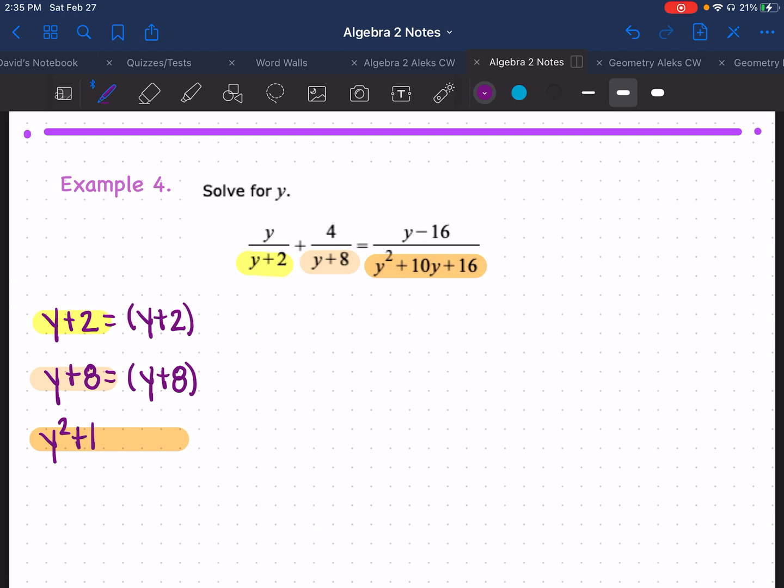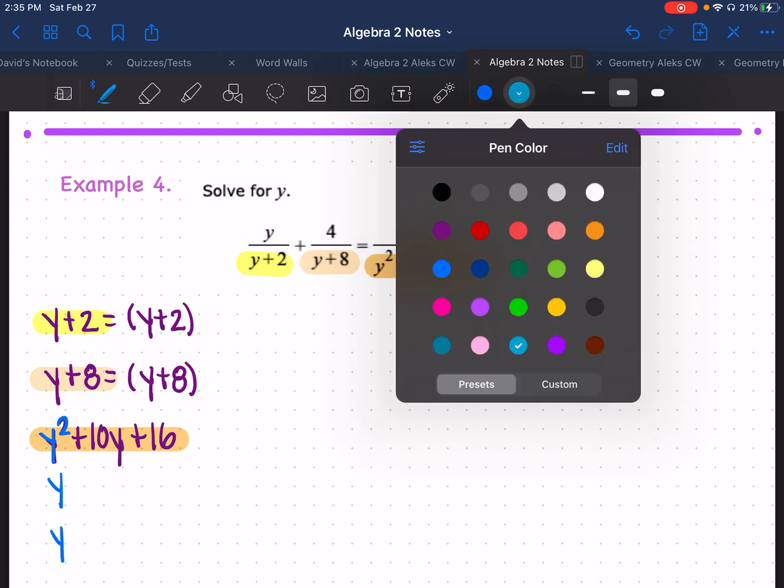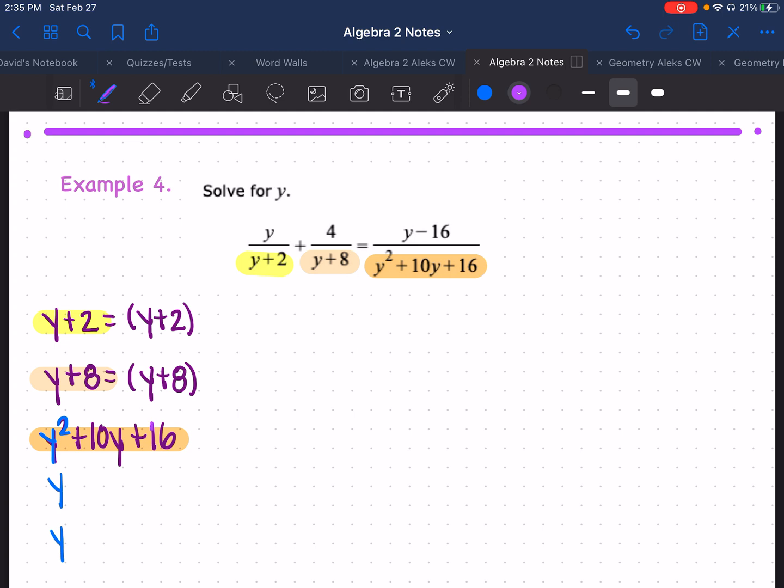Now, what you're going to notice, and what many of you might already see, is that y squared is y times y. And some of you might already notice what's going on. 16. Okay, so 1 times 16, 2 times 8, 4 times 4.